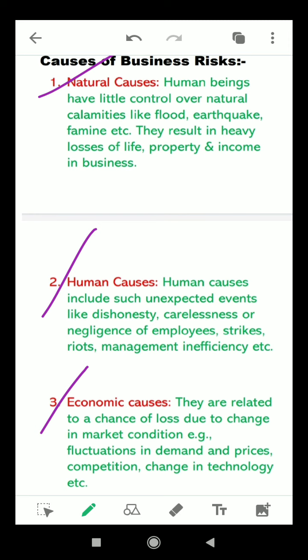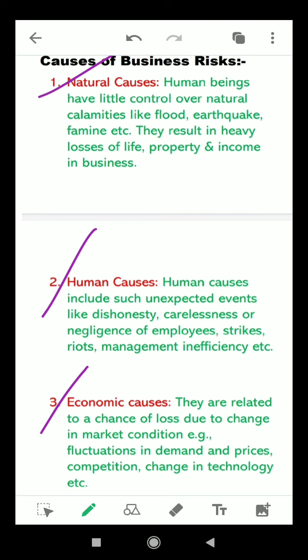Example, fluctuation in demand and prices, competition, change in technology, etc. So this change in economic condition influences business activity, such as price levels or demand situation or supply of capital, etc. So a period of recession may slow down industrial activity, and an inflationary situation may lead to rising cost.